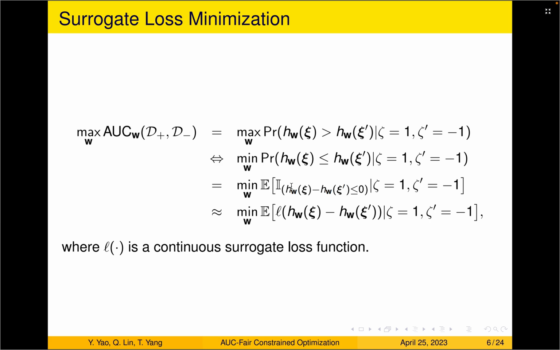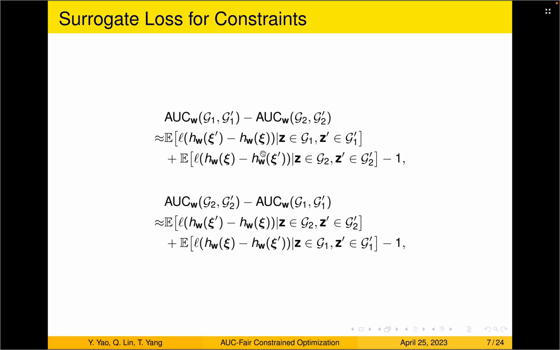Since the indicator function is discontinuous, we approximate the indicator function by a continuous surrogate loss function. Following the similar formulation, we can also write the constraints as the expectation of conditional surrogate loss.